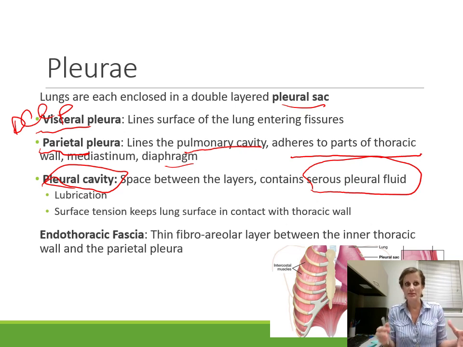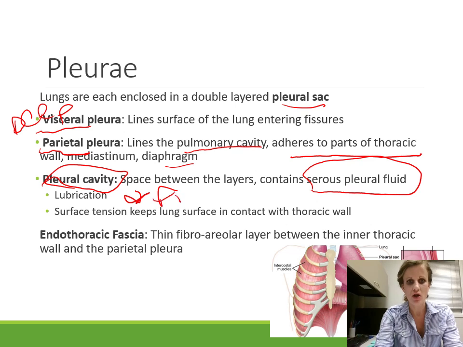As this happens, as the movement is happening, we don't want friction to occur, right? If the lungs are rubbing up against the body wall or any of the structures in the mediastinum like this, it's going to generate friction, and friction can damage the delicate tissue. So the lubrication that this serous fluid provides is important because it decreases friction.